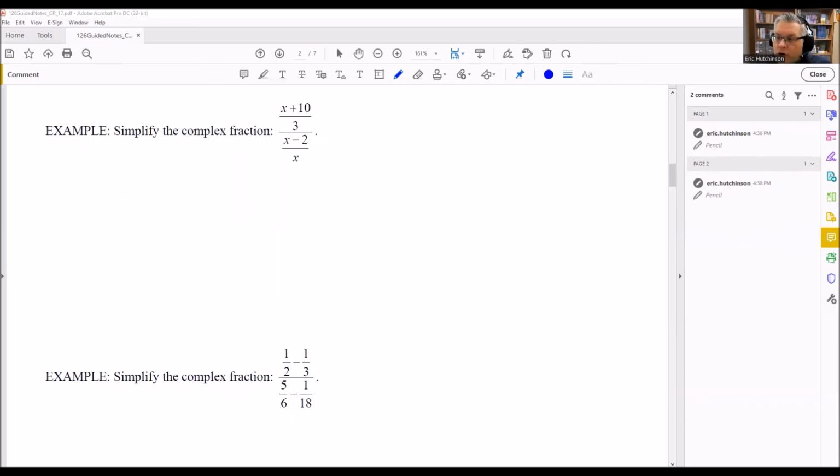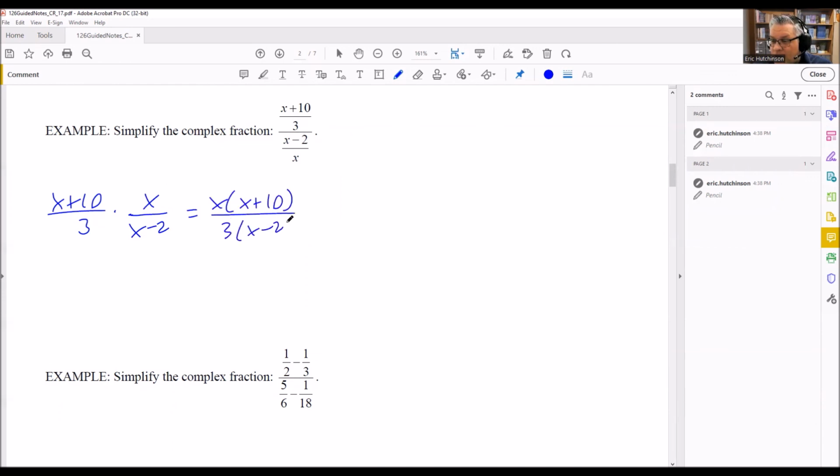And we'll do one more. Take the top fraction, x plus 10 over 3, and we're going to multiply it by the reciprocal of the bottom fraction. That would be x over x minus 2. Now, I don't see anything here that I can cross reduce, so I'm just going to multiply across the top and across the bottom.